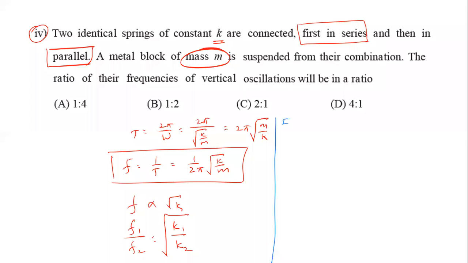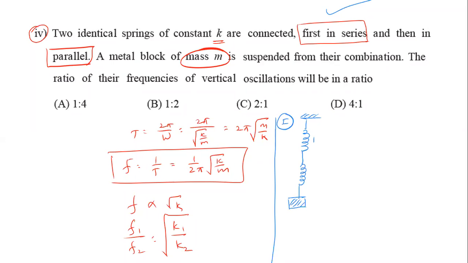Now let me show you here. The first combination is what? Series. Means here, this is a support, this is the first spring, and this is the second spring, and this is a block whose mass is m.